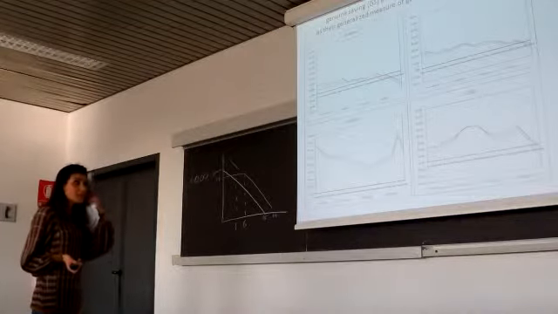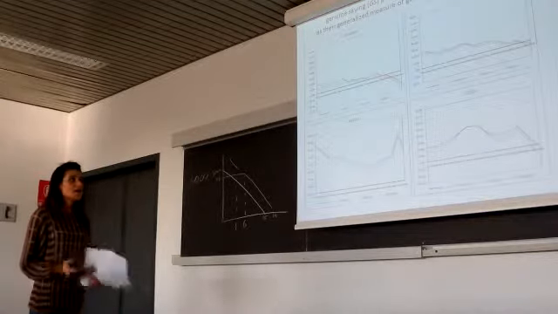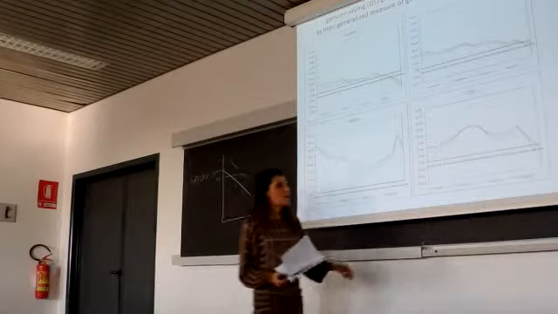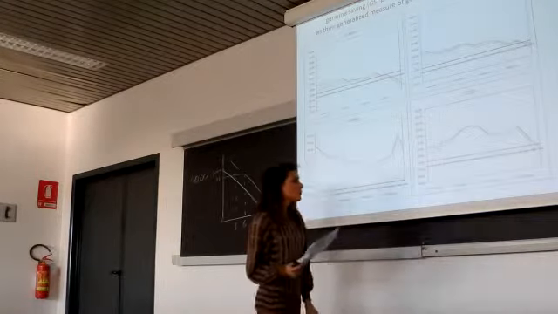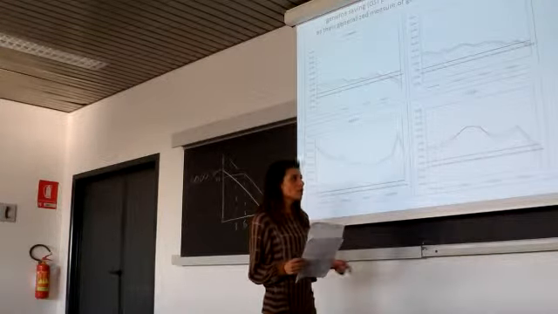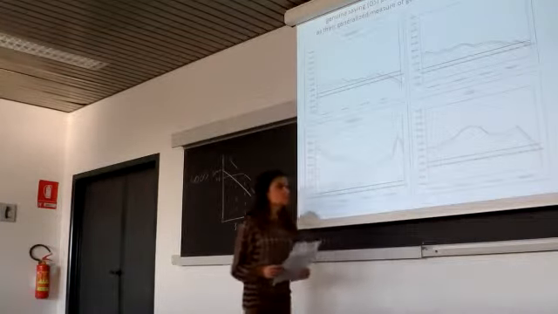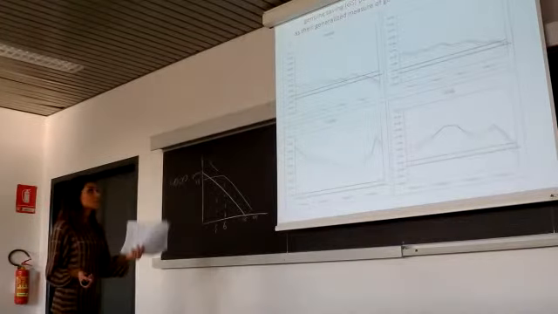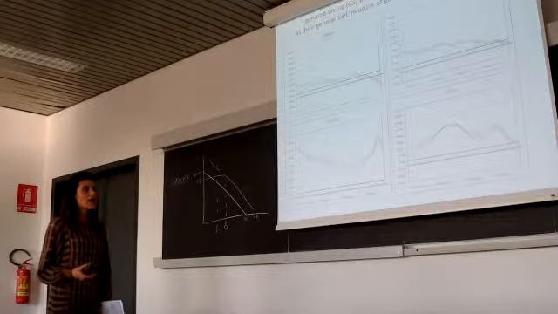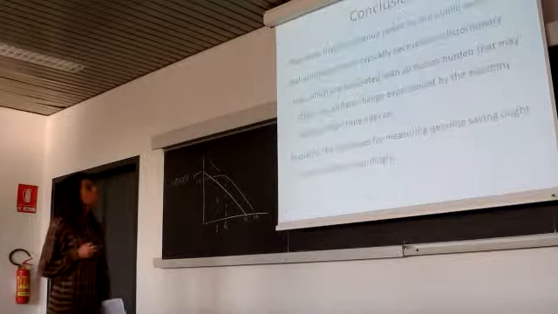And for example, if we consider the USA case, we can see that in 2008 here, the measure of genuine saving taken by the World Bank is positive. Instead, their calculation considers that the genuine saving is negative, because there is a high level of marginal excess burden.